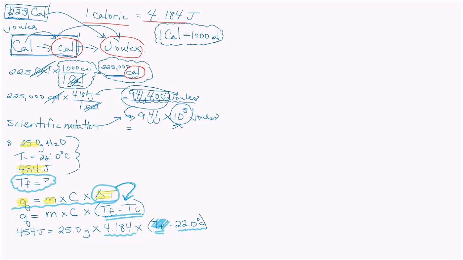Sometimes they might ask you for the final temperature, sometimes for the initial temperature, and whenever they're asking you for a final or initial temperature, you're going to have to use this formula here.